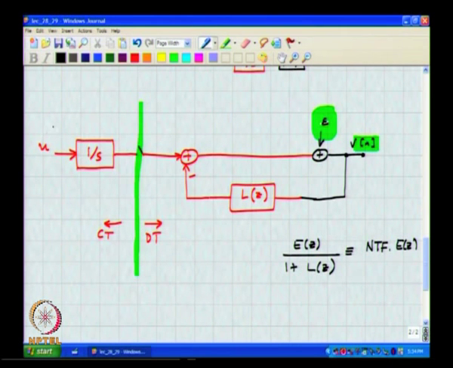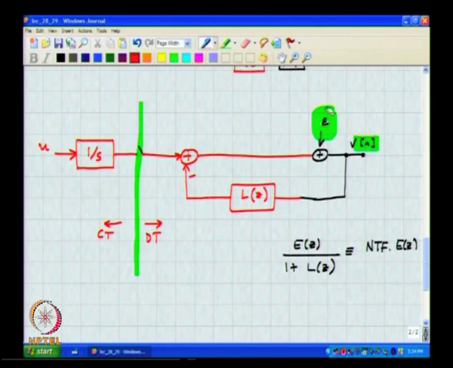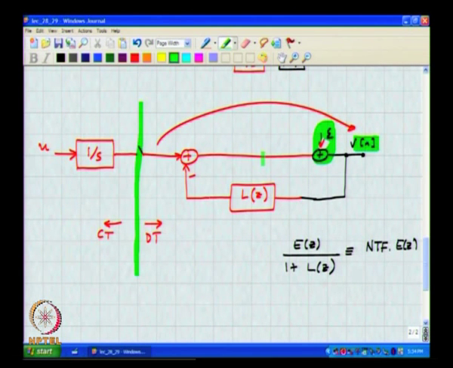What we are interested in is the response from U to the output sequence V, alright. So, how do we attack this? What is the response from here to V? It is the same as the NTF, because you can think of this quantization error as the input to this loop, correct.